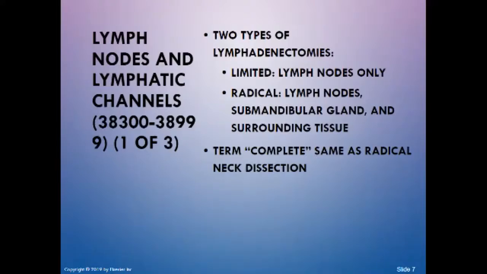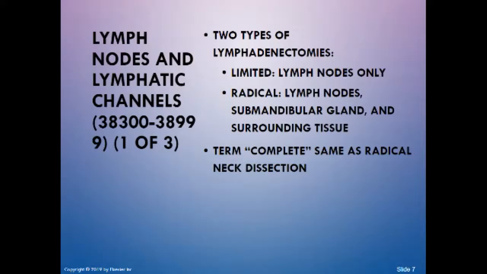Lymph nodes and lymphatic channels. So let's go to 38300 in our CPTs. There are two types of lymphadenectomies: limited, which is lymph nodes only, and radical, which is lymph nodes, submandibular gland, and surrounding tissue.